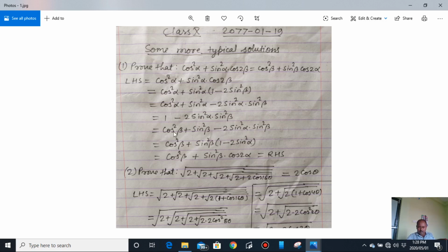In the next step, keep cos square beta intact. From the next two terms, take sin square beta common. It will be 1 minus 2 sin square alpha in the bracket, and you know 1 minus 2 sin square alpha is cos 2 alpha. So what is left with us? Cos square beta plus sin square beta into cos 2 alpha. That is RHS.